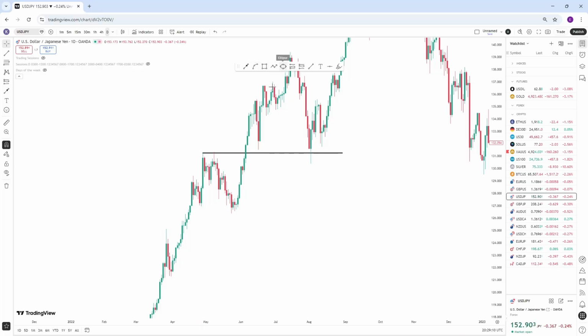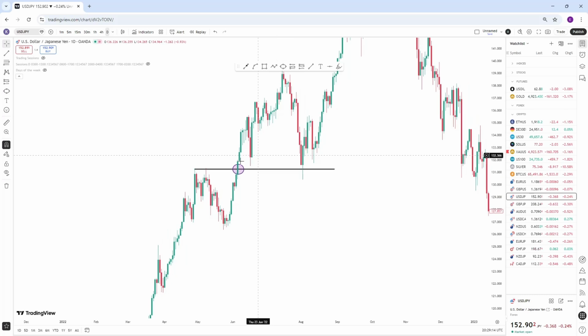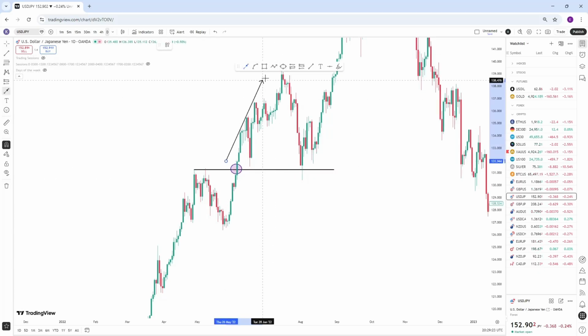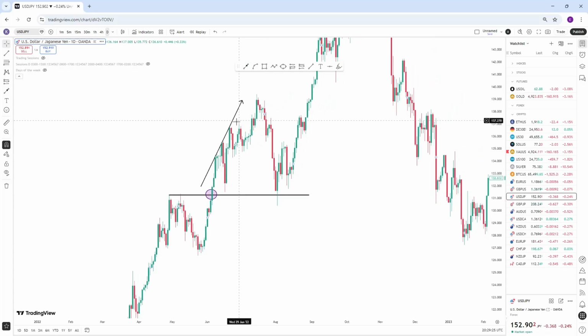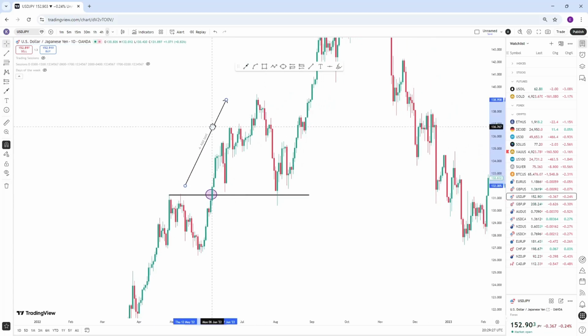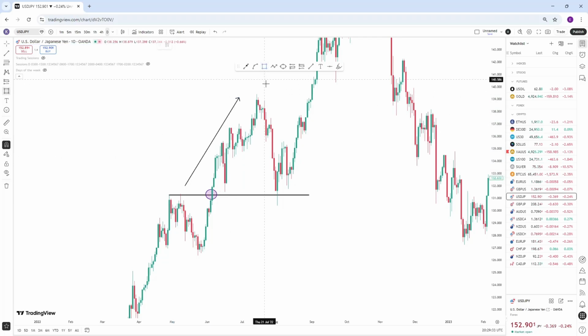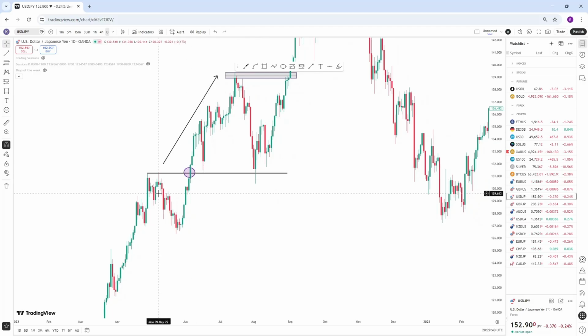So this was our indication. The purple ellipse here is our indication. You can see the indication gave us a push all the way up here. This is where our indication ended.